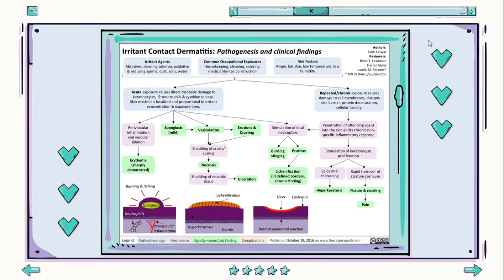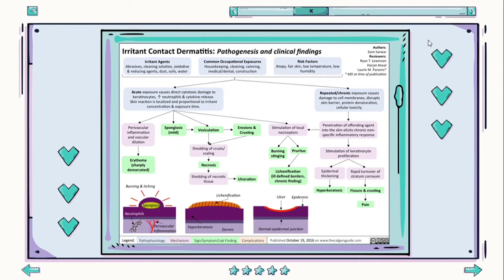And once you have a repeated or chronic exposure to such irritant agents, or you have a common occupational exposures or risk factors that is related to irritant contact dermatitis, it can cause damage to the cell membranes, disrupt skin barriers, protein denaturation, as well as cellular toxicity that will lead to penetration of offending agents into the skin, elicits chronic non-specific inflammatory response that will stimulate the keratinocyte proliferation and then the epidermal thickening, as well as the rapid turnover of stratum corneum that may lead to hyperkeratosis as well as fissure and crusting, thus the manifestation of pain.